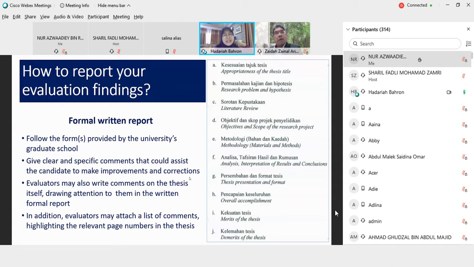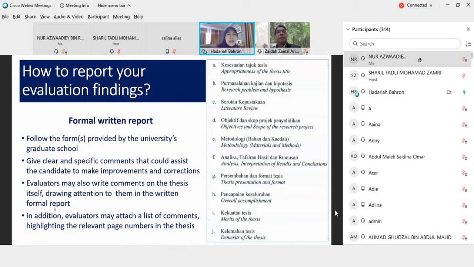Now, this is what is important. You must comment with the frame of mind to improve, not comment to condemn. Evaluators may also write comments on the thesis itself, drawing attention to them in the written formal report.